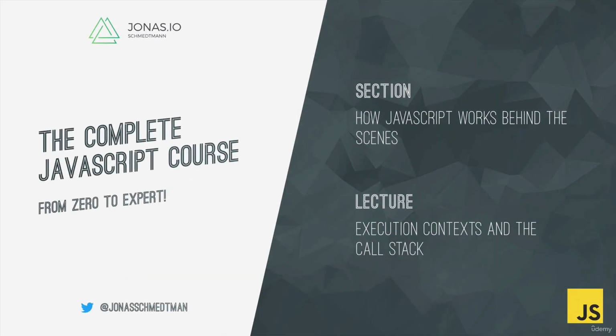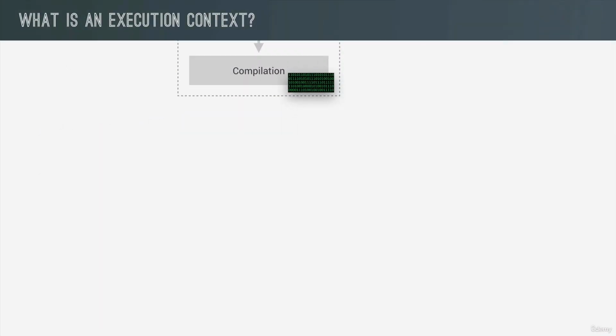In this lecture, let's answer the question, how is JavaScript code executed? We already know that it happens in the call stack in the engine, but let's dig a bit deeper now. And let's start by supposing that our code was just finished compiling, just in the way that we learned in the last lecture.